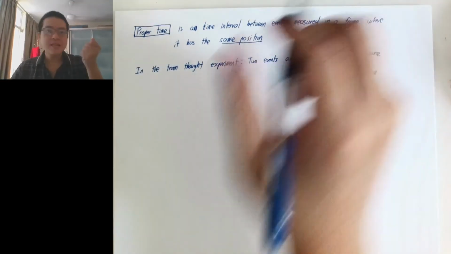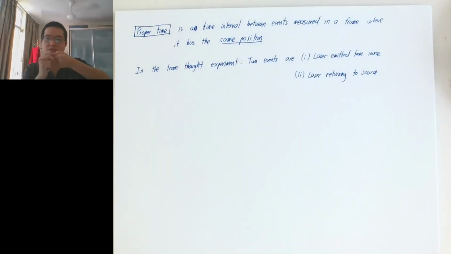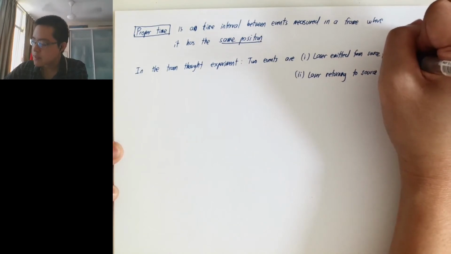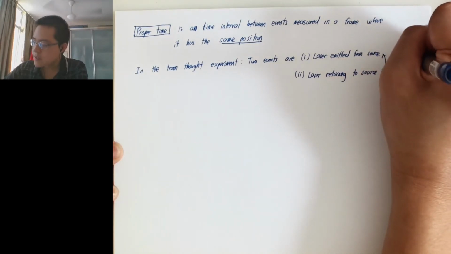My source is a laser pointer. So it is the time from when the laser goes out until the time the laser comes back. The time interval between these two events is some delta t or delta t0.